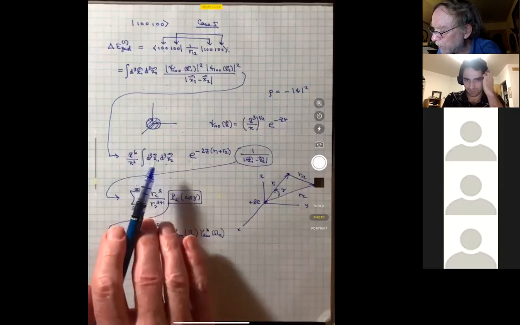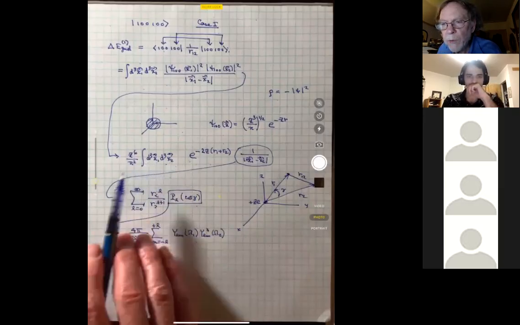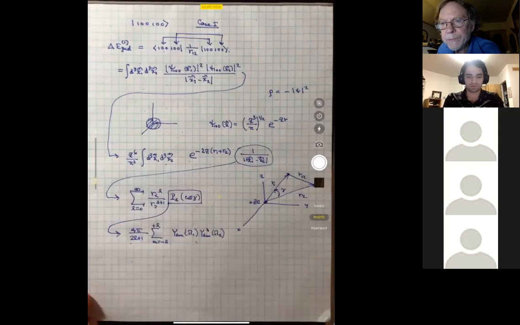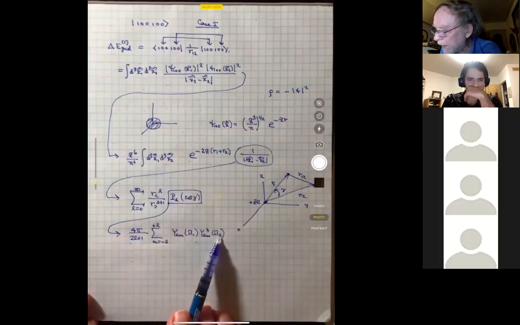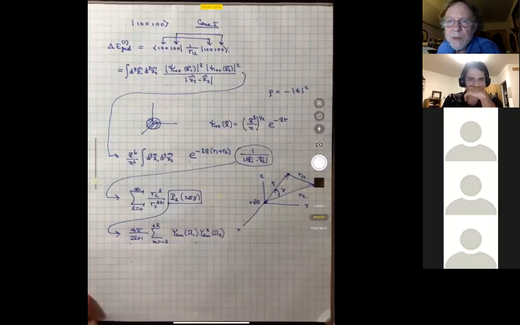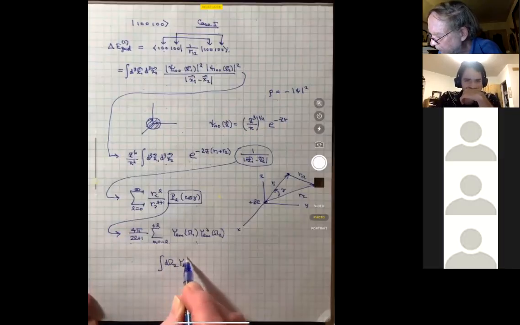These integrals, of course, can be transformed into spherical coordinates, in which case you're going to have radial and angular integrals. To make a long story short, the angular integrals are pretty easy to do. If I'm, for example, integrating over Ω2, I just need to integrate a single YLM. It's easy to integrate one YLM. Here's the integral: the integral dΩ2 of YLM star of Ω2.